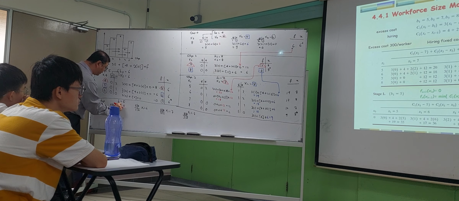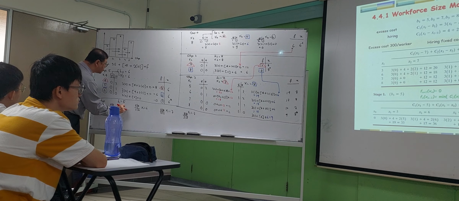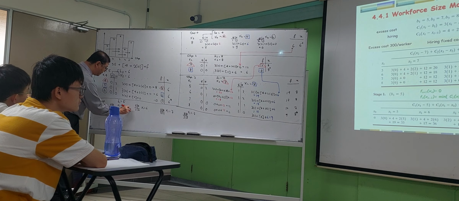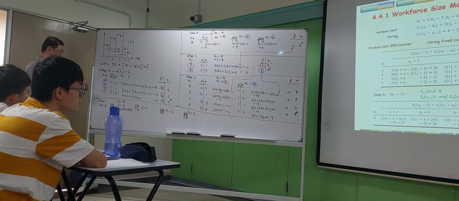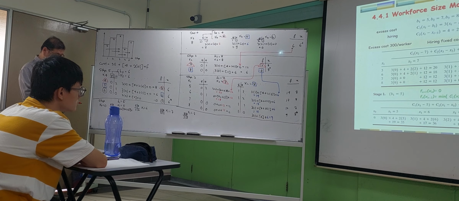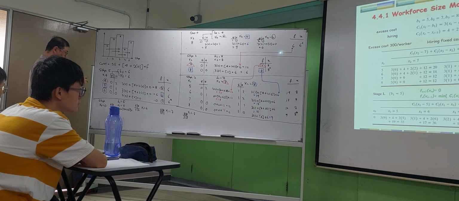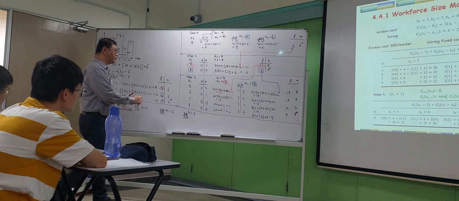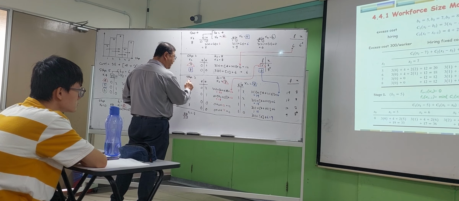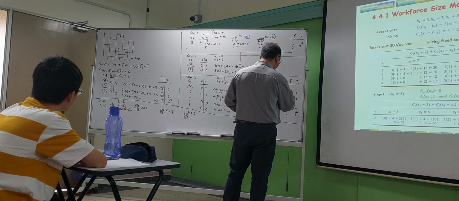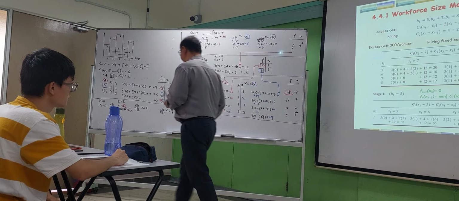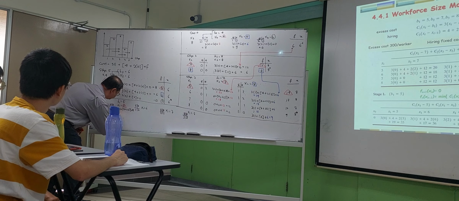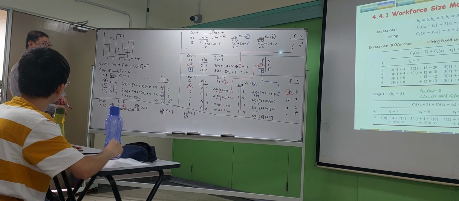Okay, so here 4 plus 2H, H is 5, plus F. Now this one here is 5. Okay, so go back to previous stage. 5, corresponding F value is okay, so we will calculate this.